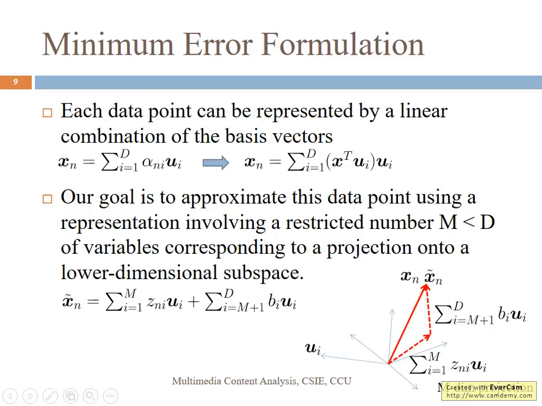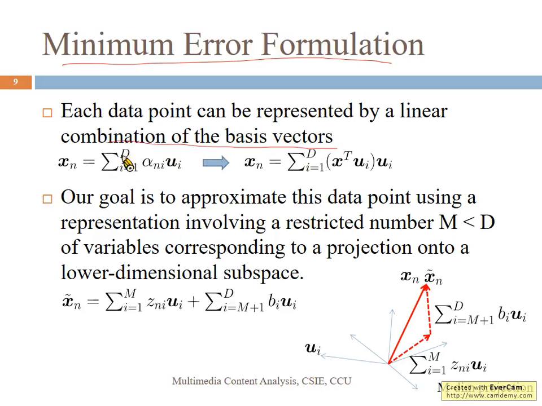Another perspective to derive PCA is the minimal error formulation. The idea is we want to minimize the projection error, the total projection error from the original data point to the projected data point. So how can we do that? Each data point can be represented by a linear combination of basis vectors.